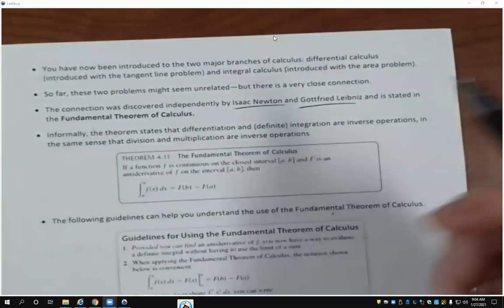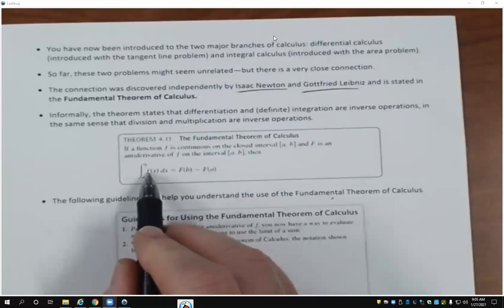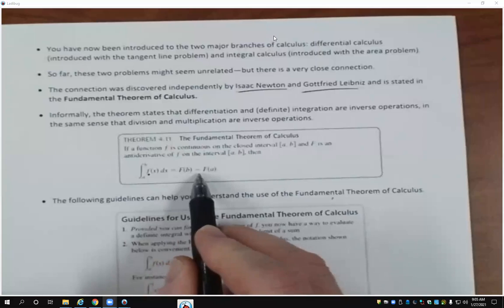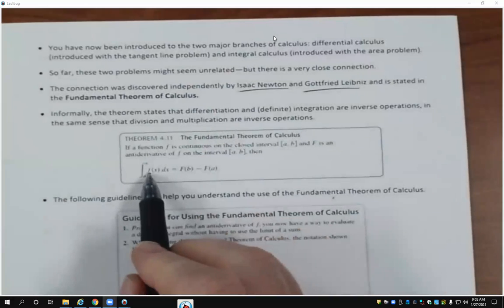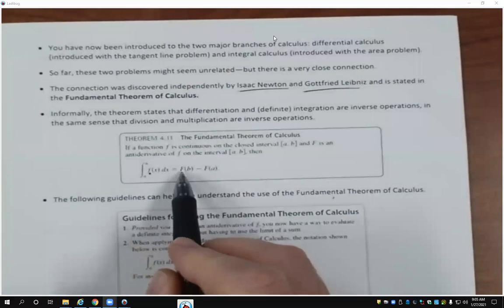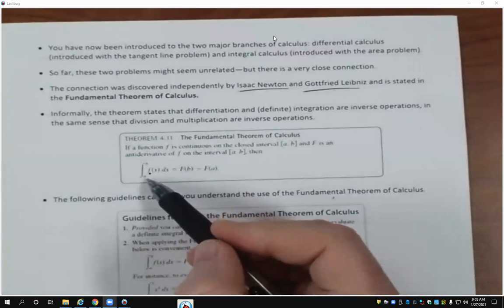All right, here's the fundamental theorem of calculus right here. We just wrote it in our foldable. Remember, it doesn't matter the notation. We put f prime, they put little f, and then big F of b minus big F of a. But really what it's saying is that if you find the antiderivative, so the antiderivative of little f is going to be big F, you do F of your upper limit minus F of your lower limit.